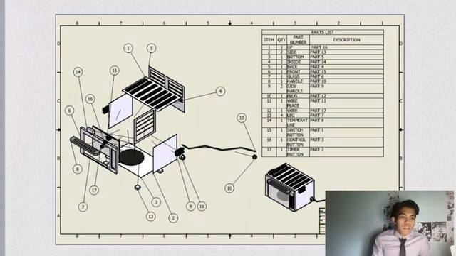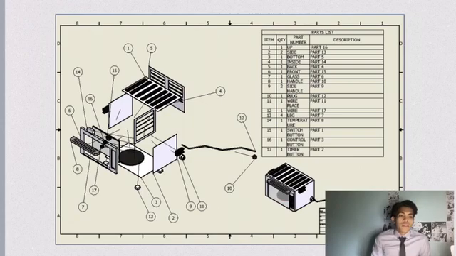Item number 6, front part, quantity 1, part number 15. Item number 7, glass part, quantity 1, part number 6. Item number 8, handle part, quantity 1, part number 10.